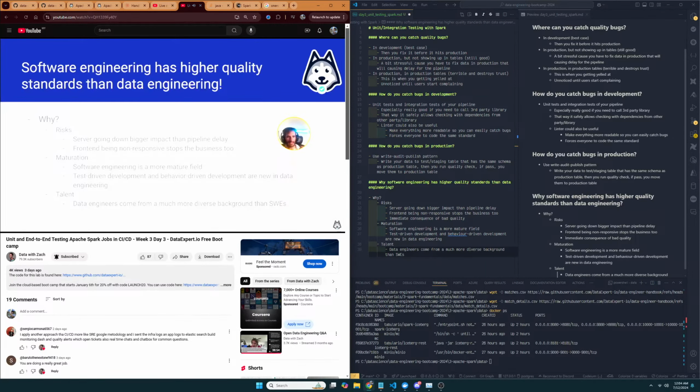Because of that, data engineers are going to be more variable in their own software engineering fundamentals. And that's fine because data engineering doesn't need the same level there.